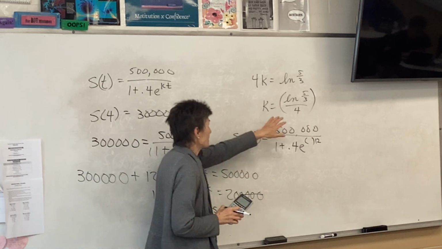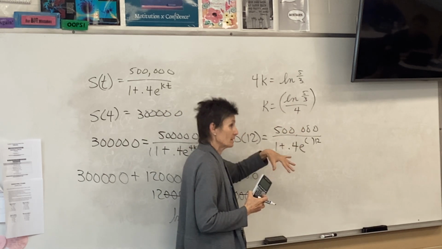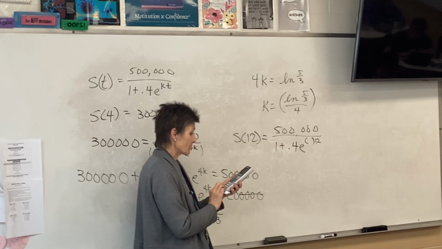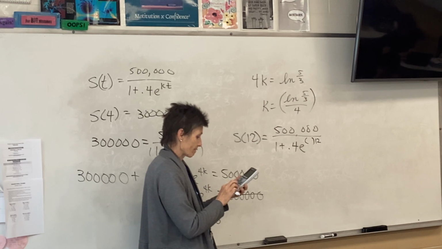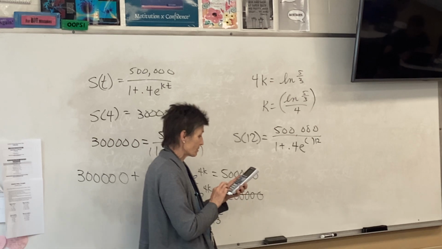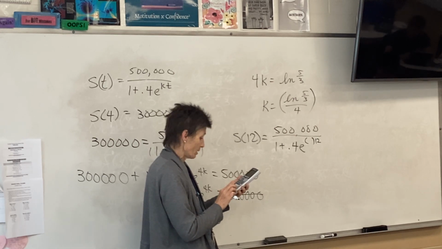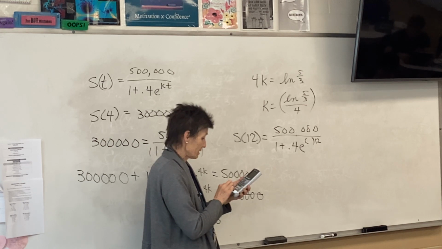I can type this in on my calculator and then use my answer button capabilities so I don't have any round off. So it should be 500,000. Oh wait, I gotta type that in first. Okay, and then 500,000 divided by parentheses 1 plus 0.4 e.